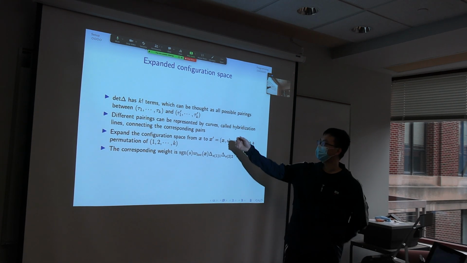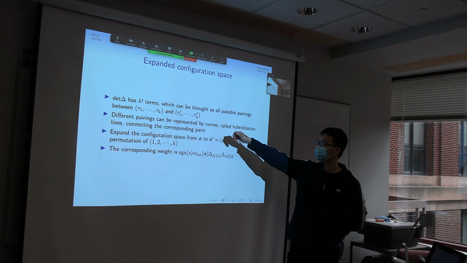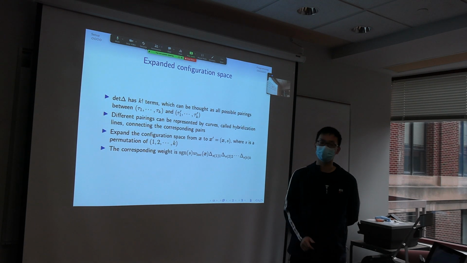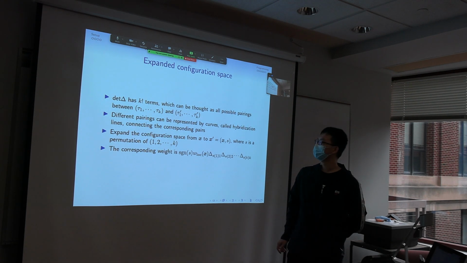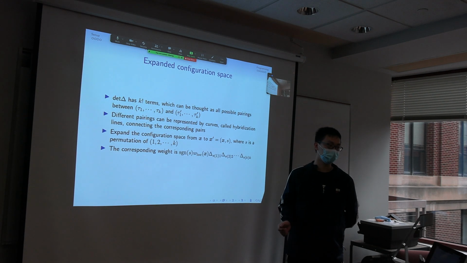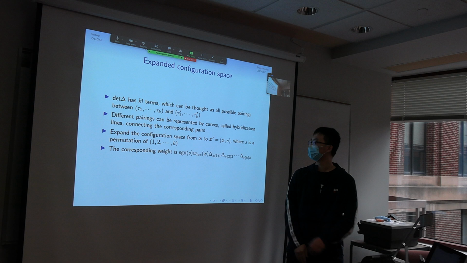We can expand that as k factorial terms, as all possible pairings between tau and tau primes. For each pairing, we represent it by curves connecting the corresponding pairs, and these curves are called the hybridization lines.